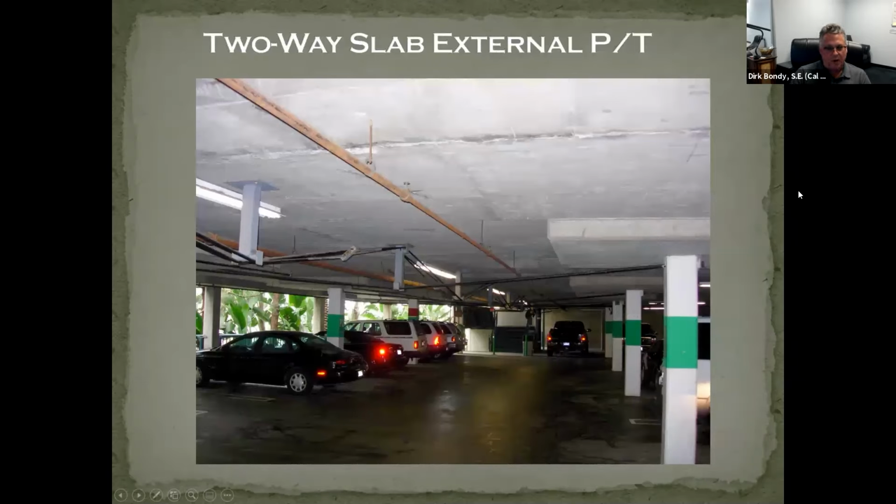This was a project in Anaheim where, instead of going diagonally column to column, we went orthogonally. Now these are fun as a mind game to try to follow the load. This particular king post is the one pushing up in the middle of the bay. So we're out in the middle of the bay. That load is coming down the drive aisle.